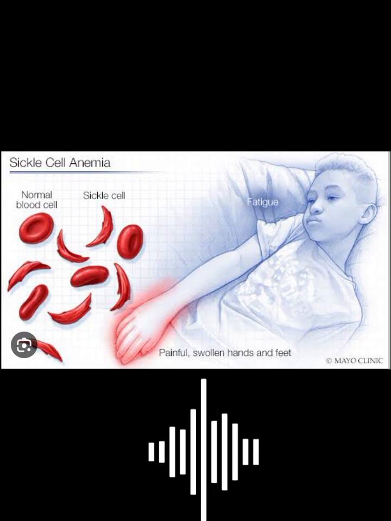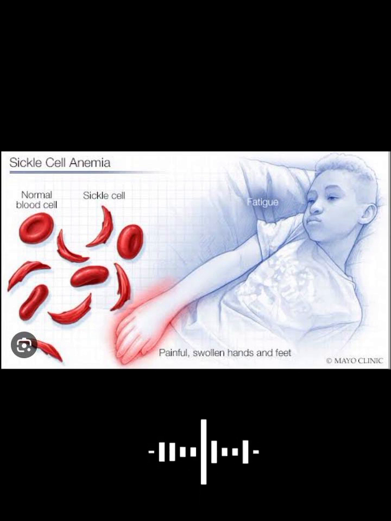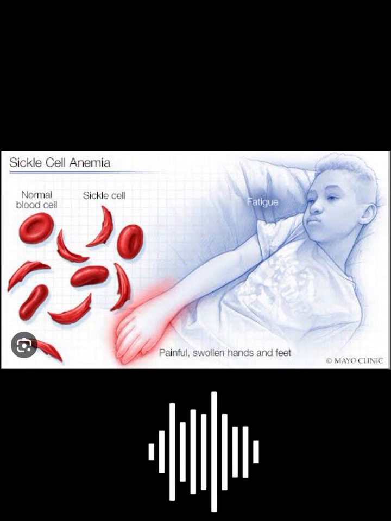So let me say this: if someone inherits sickle cell hemoglobin from only one parent and normal hemoglobin from the other, he or she will have the sickle cell trait. The sickle cell trait is not an illness and cannot change to sickle cell anemia. So what are we supposed to know here?